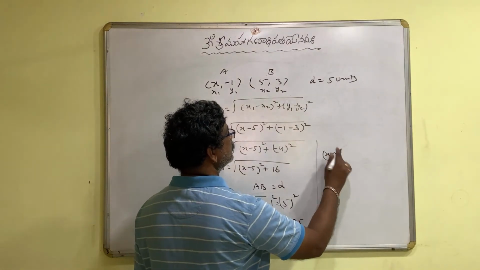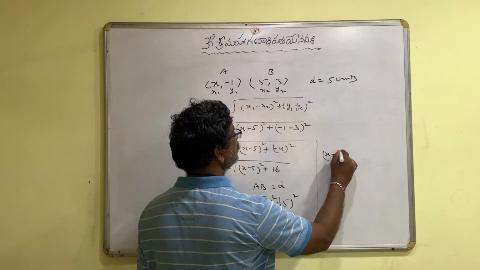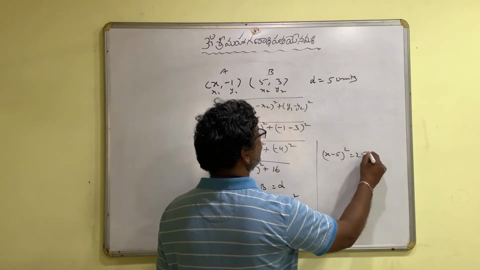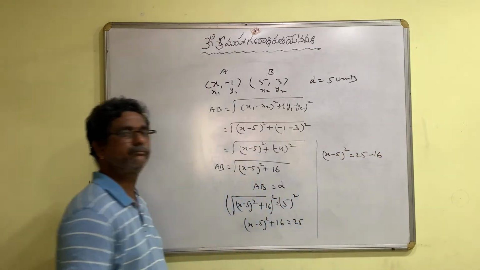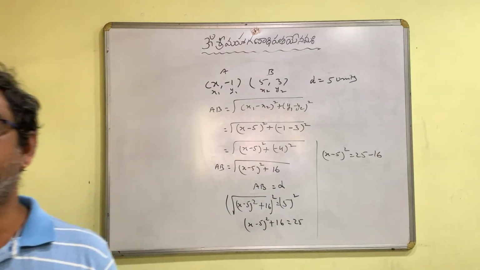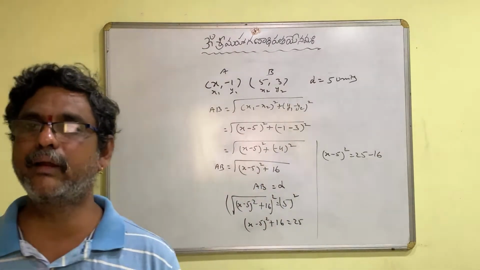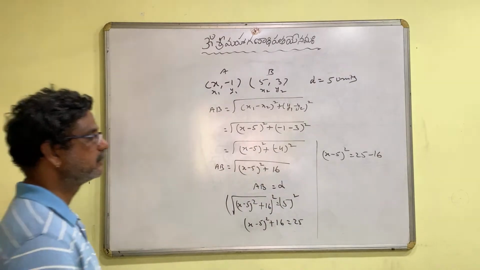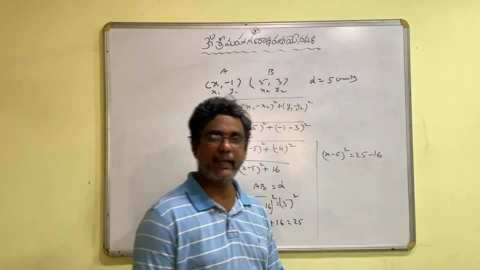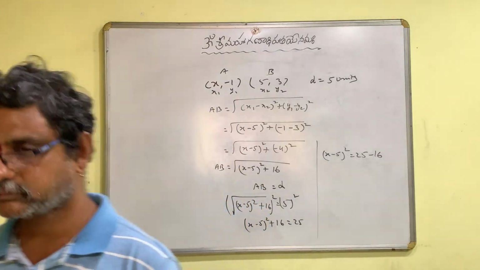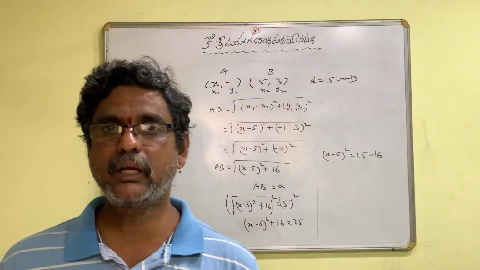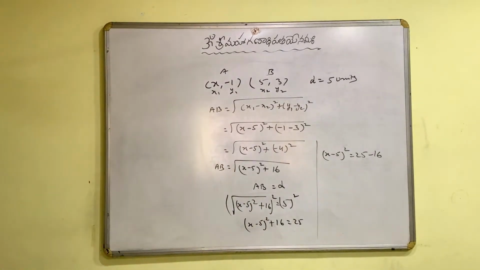Then (x minus 5) whole square is equal to 25 minus 16. Now find the value of x. Children, find the value of x.